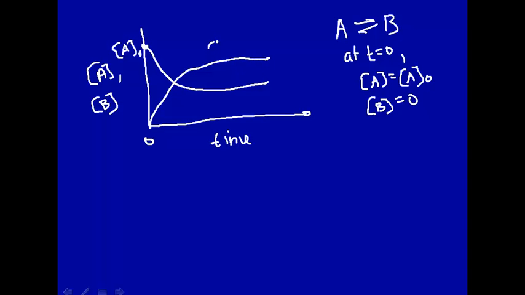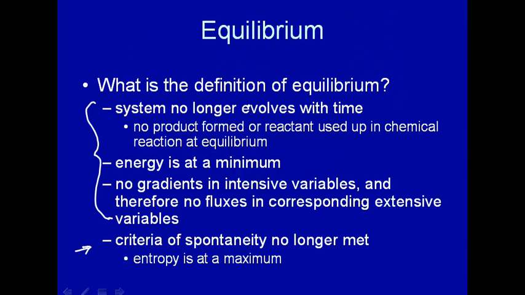The region where there's no change in concentration in a chemical reaction is at equilibrium, and these lines should just be straight, not changing at all. So that's what we mean by the system no longer evolving with time, for the specific case of a chemical reaction.